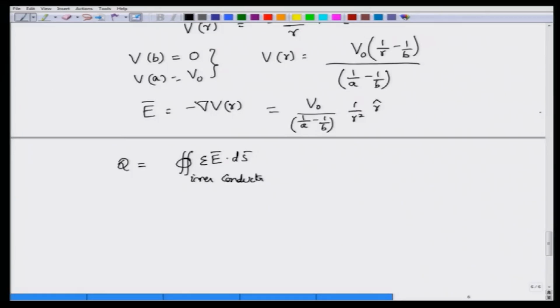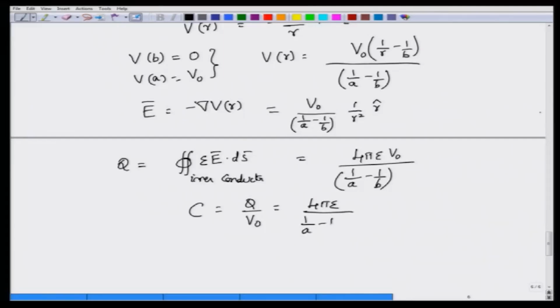The surface element is a square sin theta d theta d phi, and you can see that the total charge q will be equal to 4 pi epsilon V0 by 1 by a minus 1 by b, giving you the capacitance C as q by V0, which is 4 pi epsilon by 1 by a minus 1 by b, the same as the earlier method.